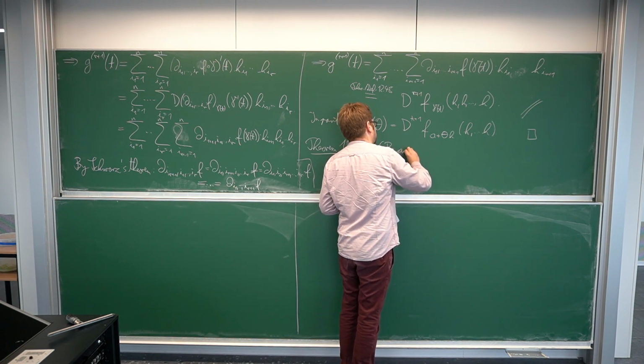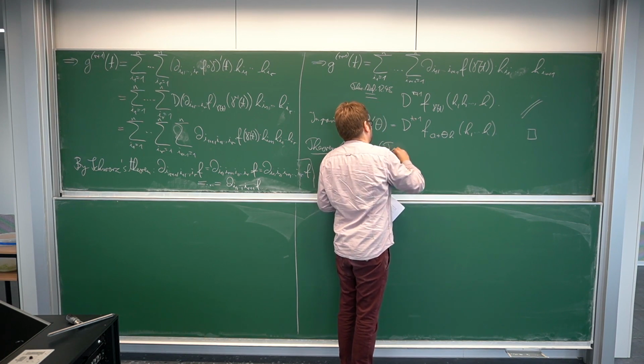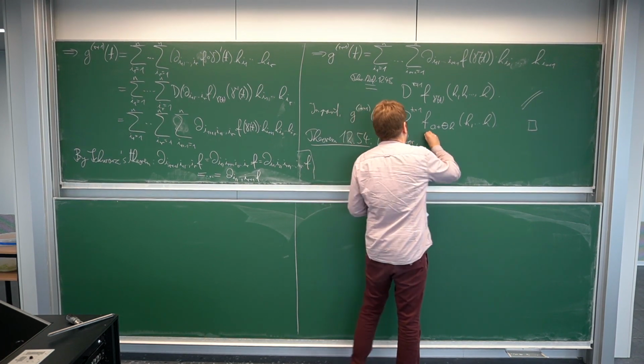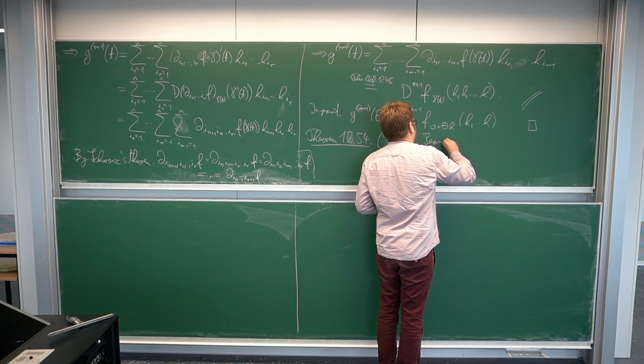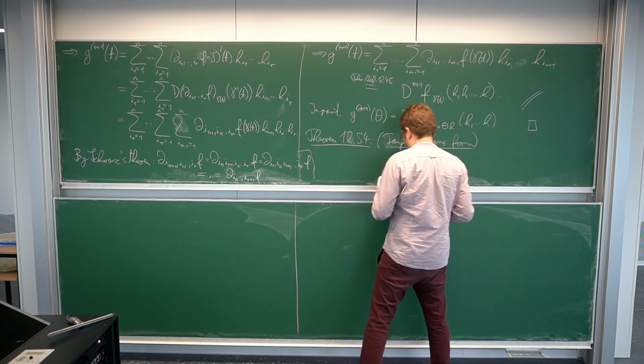So if we take Taylor's theorem in Peano form, it looks the following way.